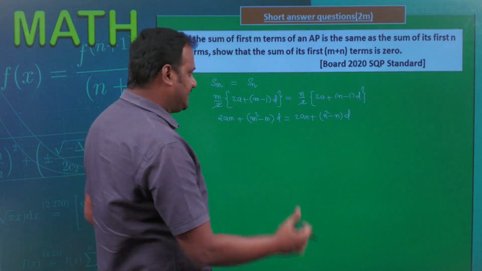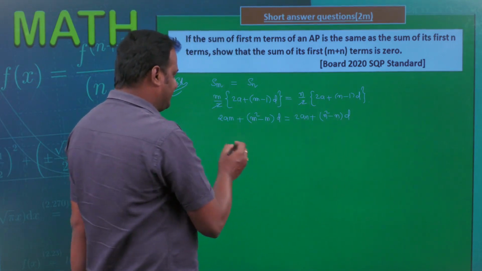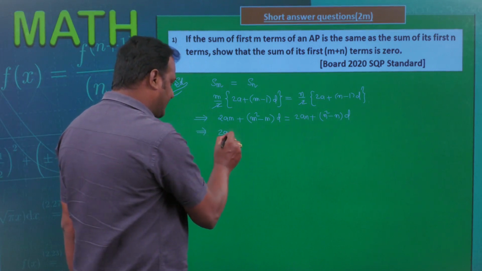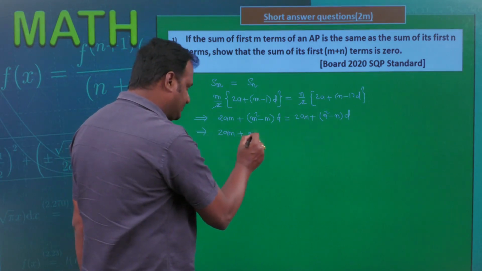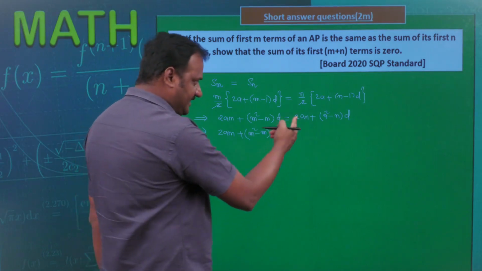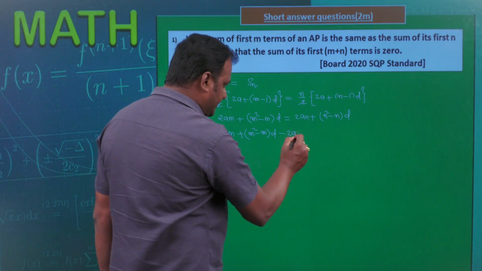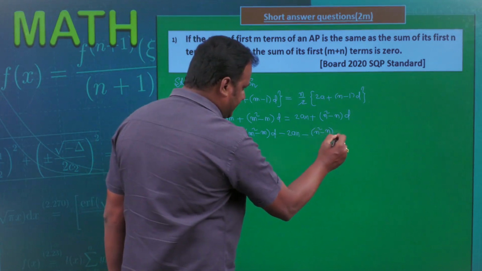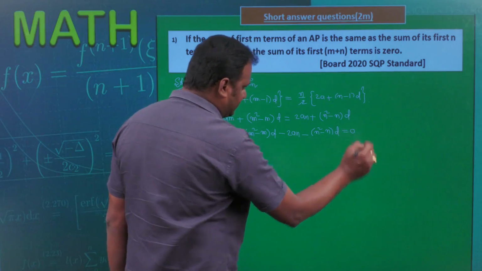Clear? Transpose both the terms to the left hand side. Then we have 2am plus m square minus m times d, plus 2an would become minus 2an, and this would be minus of n square minus n times d, is equal to 0.